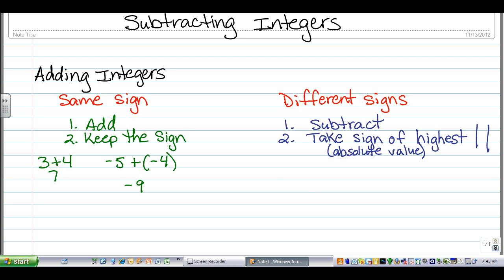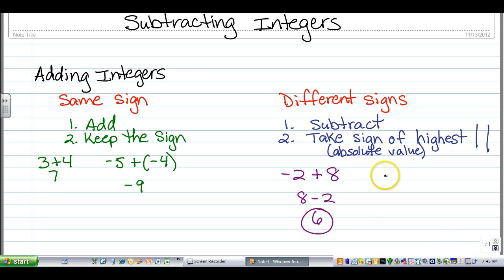So, for example, if we have -2 plus 8, we have one negative sign, one positive. We're going to subtract. 8 minus 2 is 6. And then we take the sign of the highest absolute value, which is 8. So it is a positive 6.